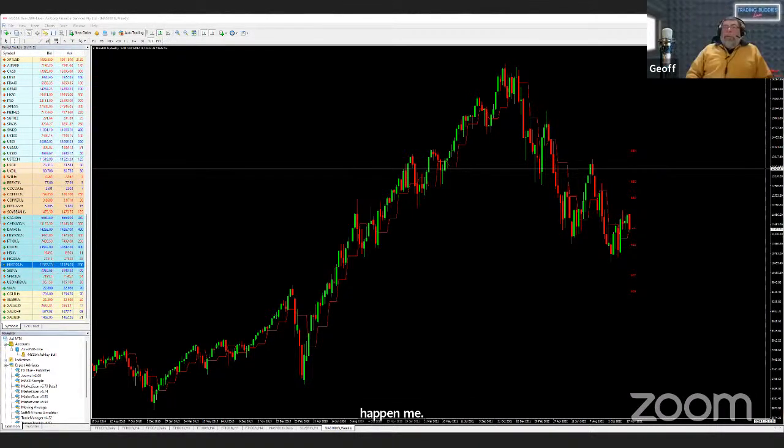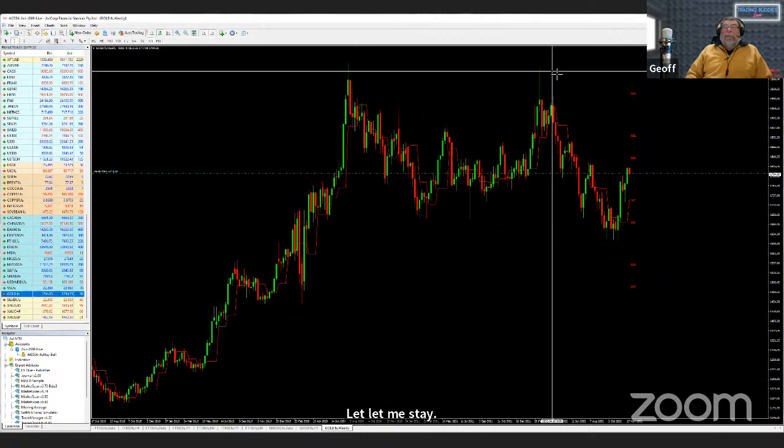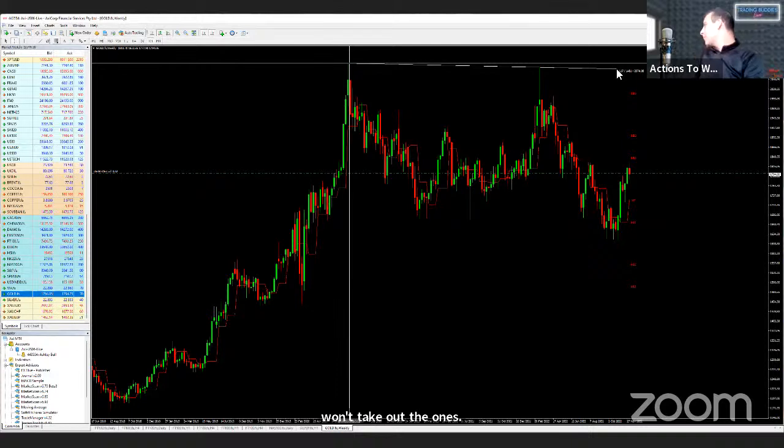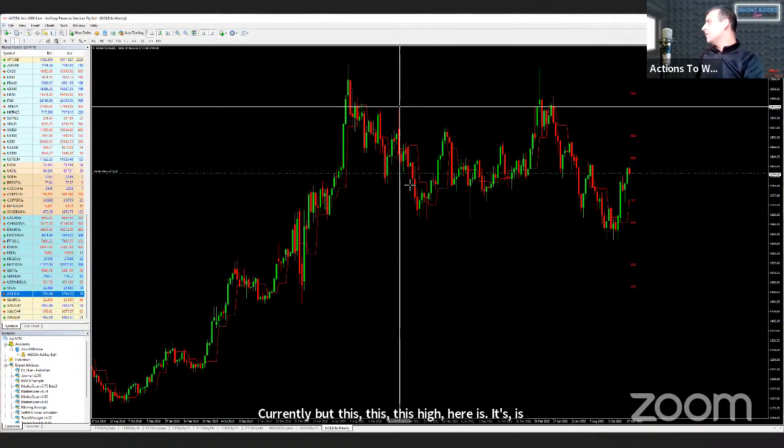I agree. If 1800 doesn't hold as resistance, then let me call it. Where would it go to? 2015 or something like that? Let me say 2013.9, because that means it won't take out the highs. 2074 would be on the trend line currently, but this high here is at 2088 on the futures.